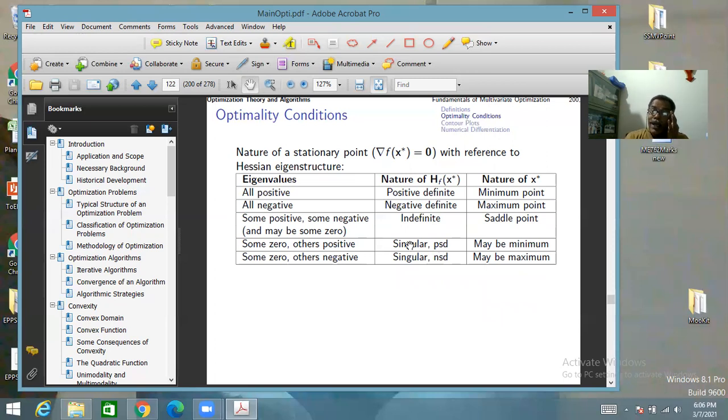And in that case, it may be a minimum. That is, the necessary condition for a minimum holds, but it is not sufficient. Similarly, some zero and others negative will give you a singular Hessian, negative semi-definite, and in that case, the x star point may be a maximum, may not be.